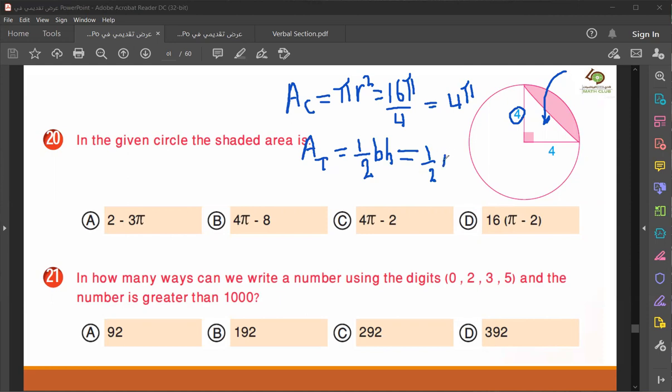Base is 4. We multiply 4 times 4. Then you simplify. Then it is 8, right? So we subtract now. We subtract 4 pi minus 8. Then the answer is B, right?